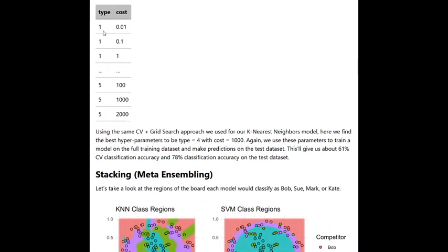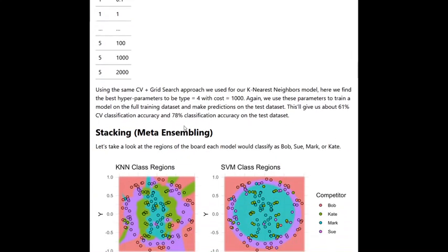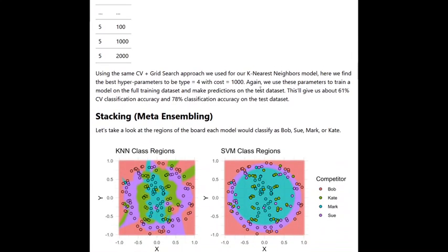Using the same CV plus grid search approach used for the k-nearest neighbors model, the finding shows the best hyperparameters to be type equals 4 with cost 1000.